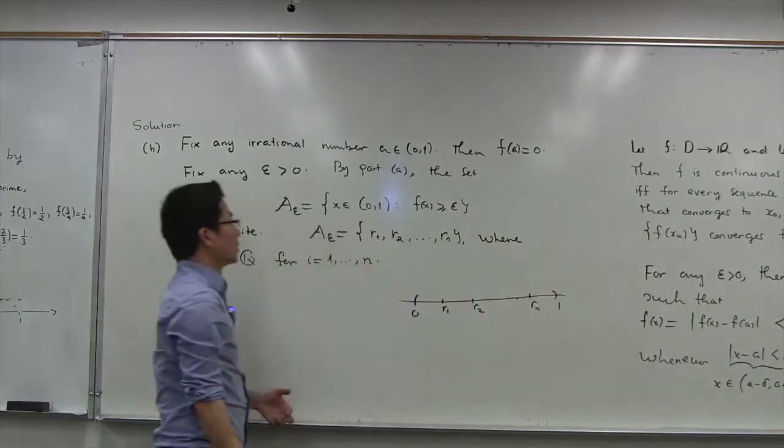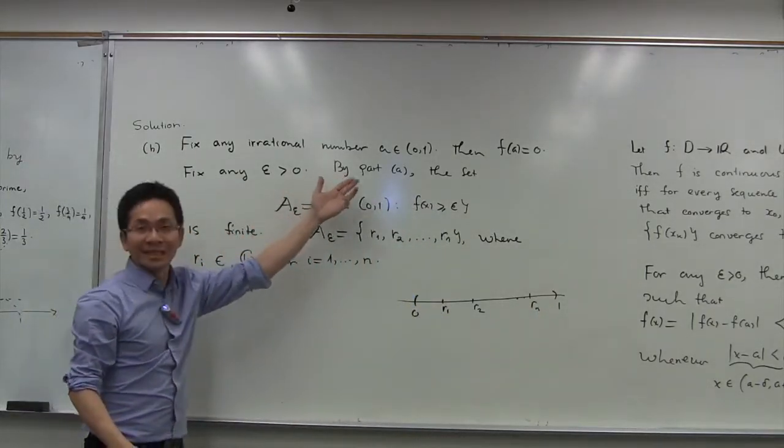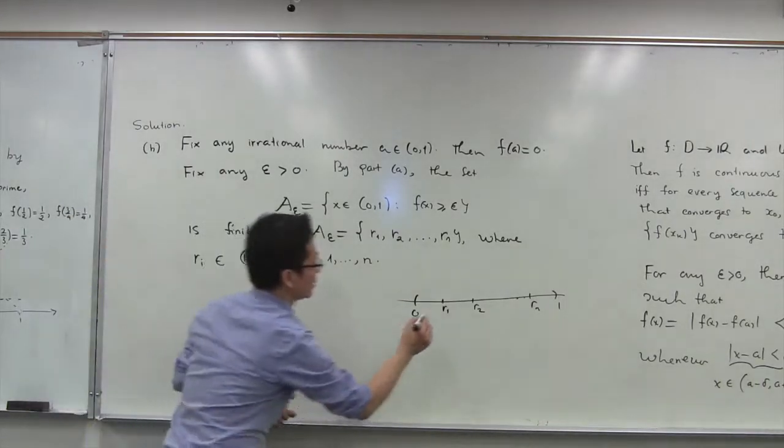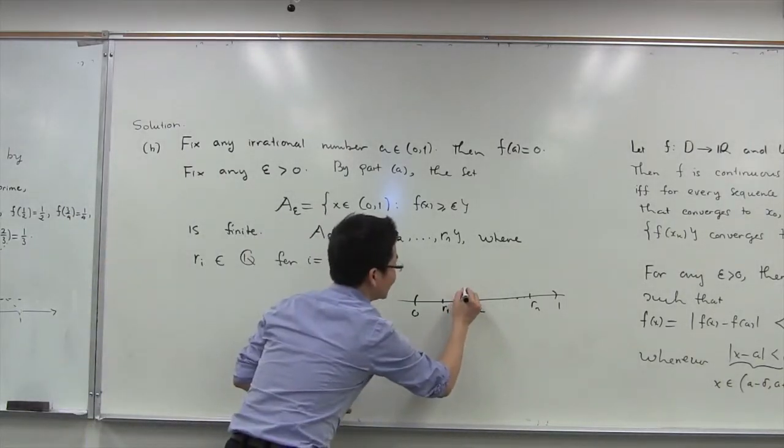Now a here is an irrational number, so a doesn't belong to this set. So, for example, a is here.